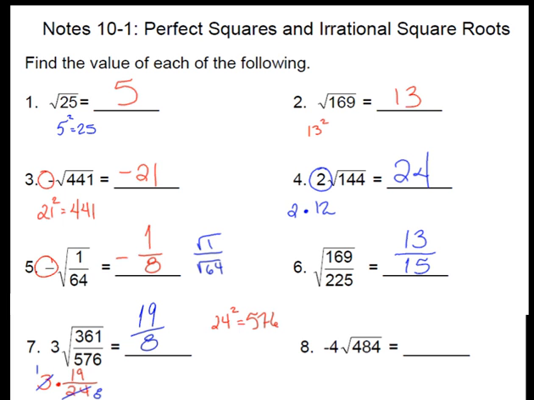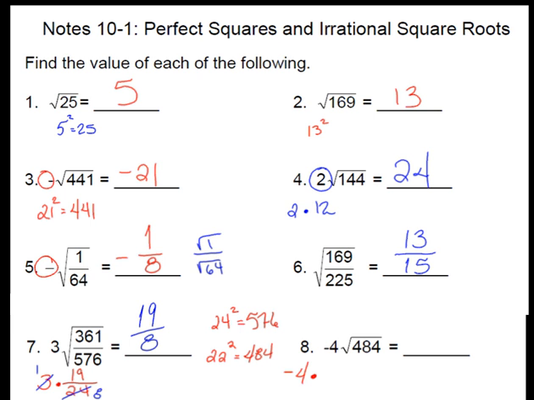Looking at number 8. Again, we have 2 parts here. I have my negative 4 chilling out front. The square root of 484. Well, that's less than 576, so we know it's got to be smaller than 24. Let's try 22. So 22 squared. Multiply 22 times 22, and you see that that is 484.